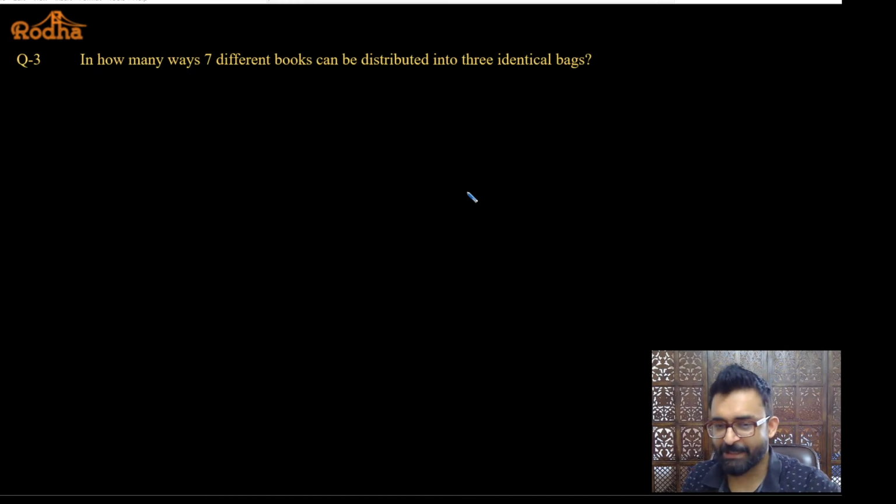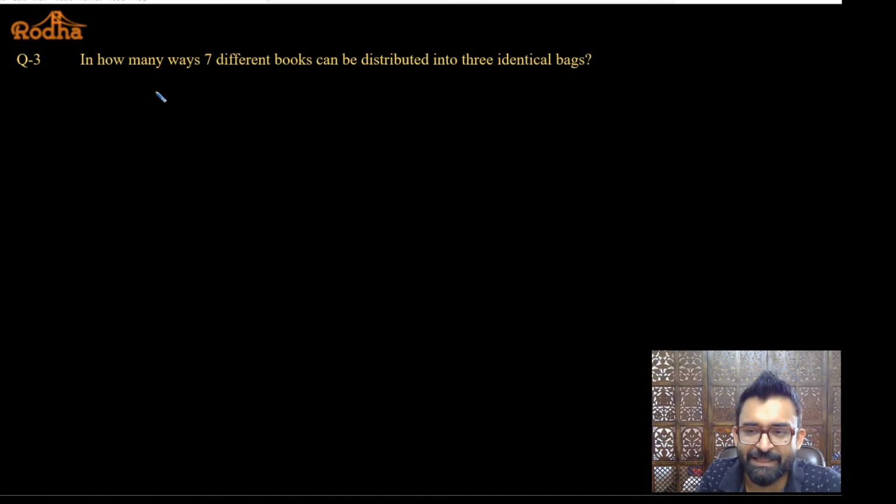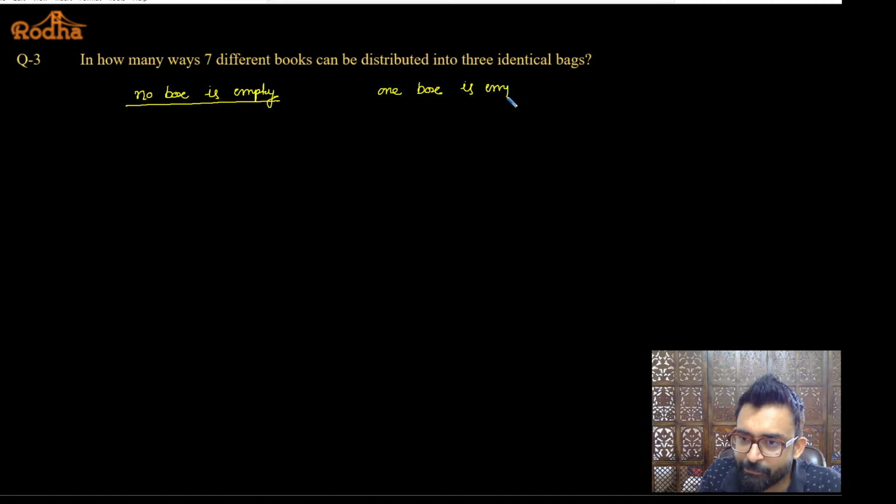Let's see. Basically, this is the application of the formula we just learned. So there can be a case. Let's say the boxes are identical. So when no box is empty, one box is empty, and 2 boxes are empty.